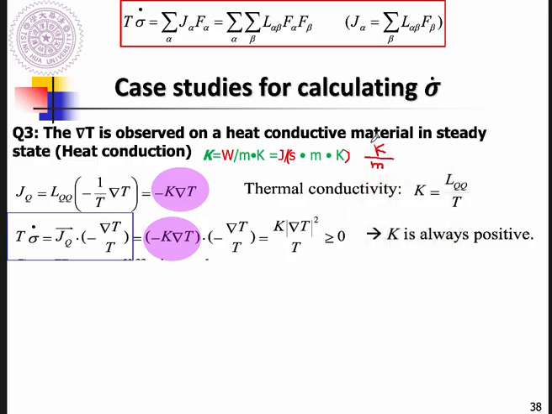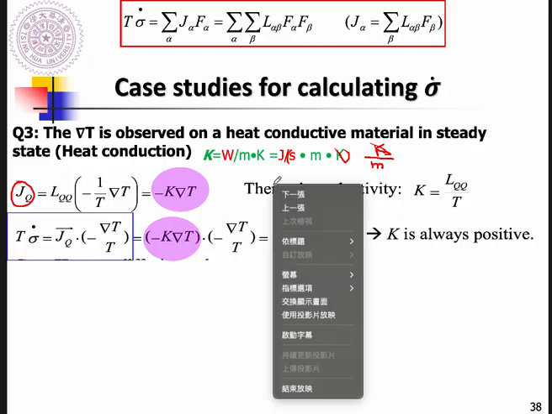So you can cancel the K here, and we get joule per second per area. So this is the flux for heat flow. So just double check for the unit. Okay.